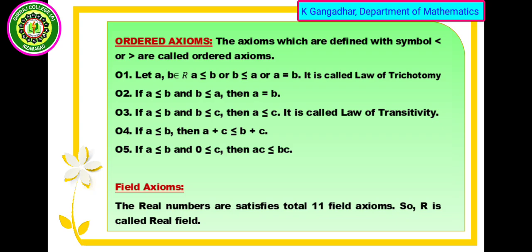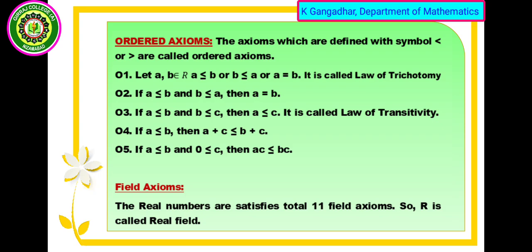So now field axioms. Before going into the field axioms, the total number of field axioms is 11. First we define some axioms. First one is closure: a plus b belongs to R. Next we define associative: a plus (b plus c) equal to (a plus b) plus c, where a, b, c belong to R. Identity: a plus 0 equal to 0 plus a equal to a.